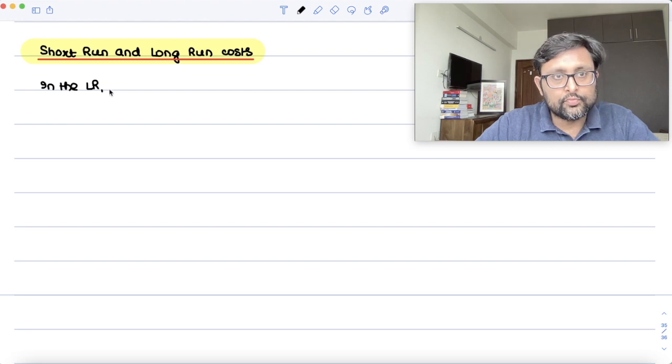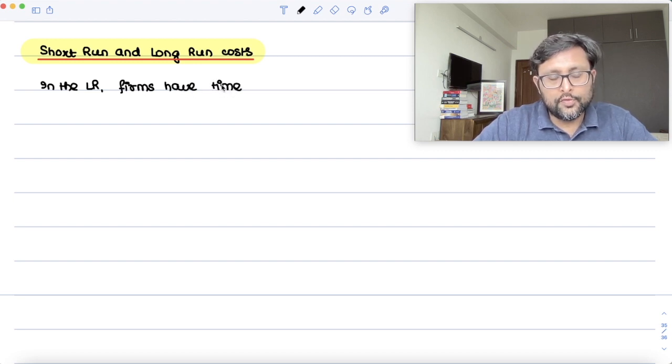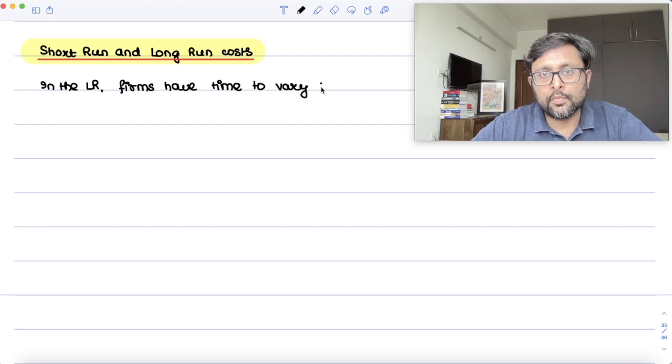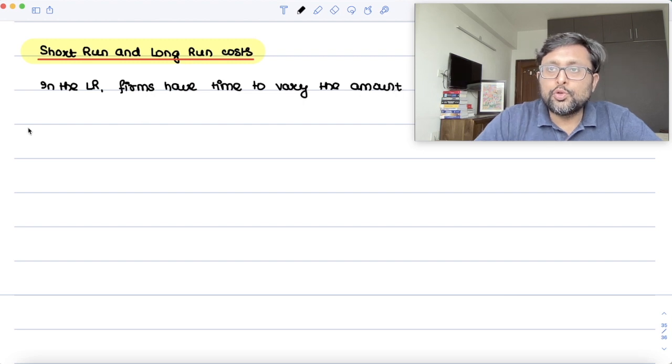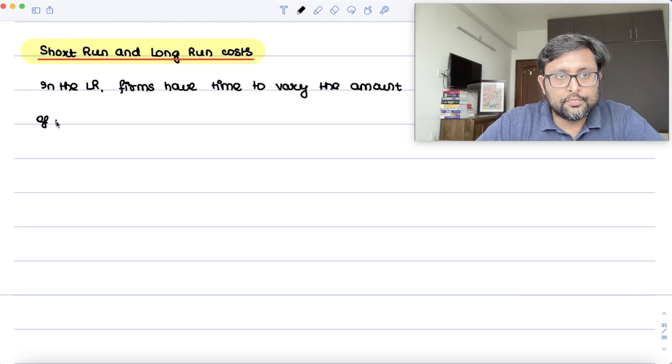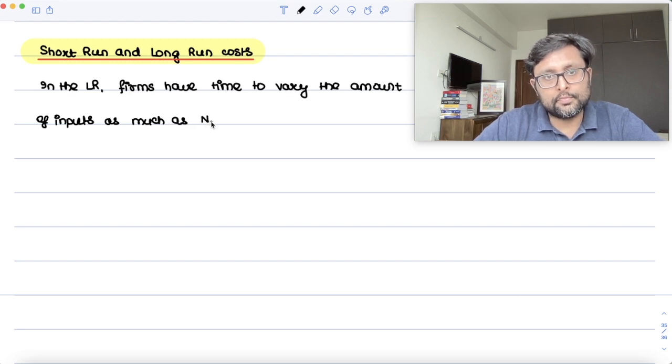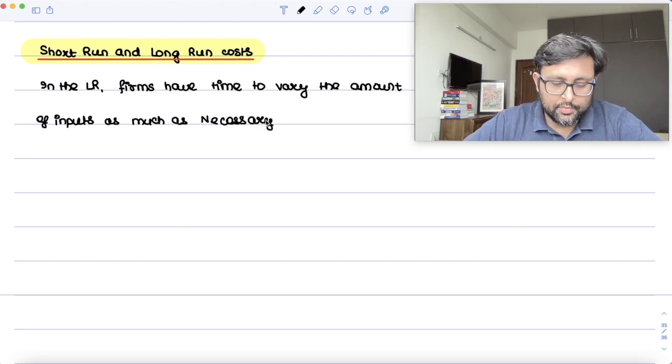In the long run, firms have time to vary the amount of inputs as much as necessary, right?